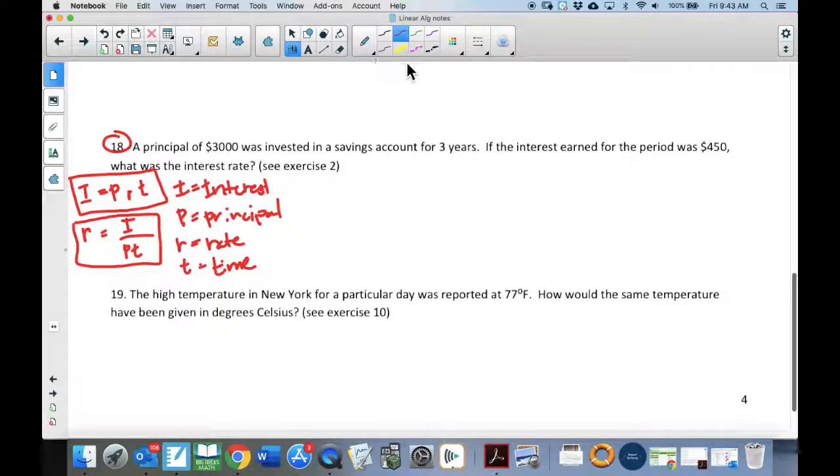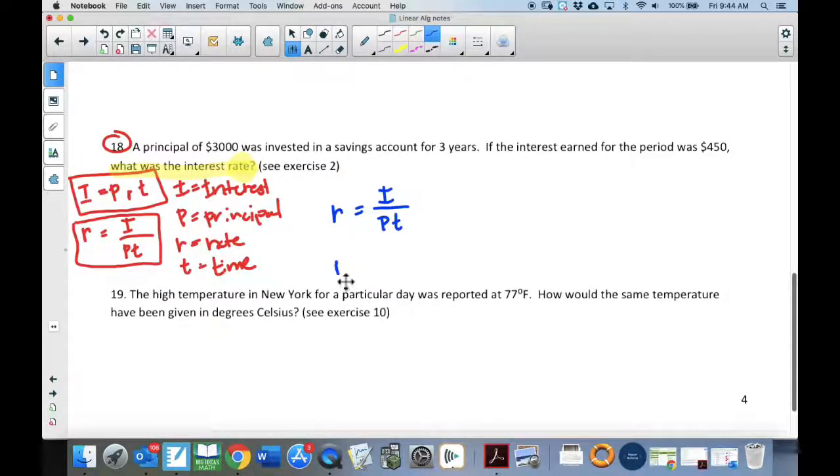Okay, if we read the question again, the final question is, what was the interest rate? So we are looking for the rate. Because of that, I'm going to use the second equation. Now, you could use the top equation. There's no reason not to. But the bottom equation is solved for the rate, and so let's use that one.